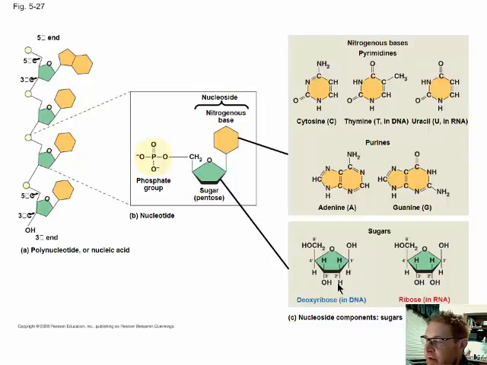The ribose has a hydroxyl group at 2 different positions, where in the DNA we're missing one of those hydroxyl groups at the 2' position. Now, RNA lasts on the order of minutes, whereas DNA can be on the order of thousands of years.